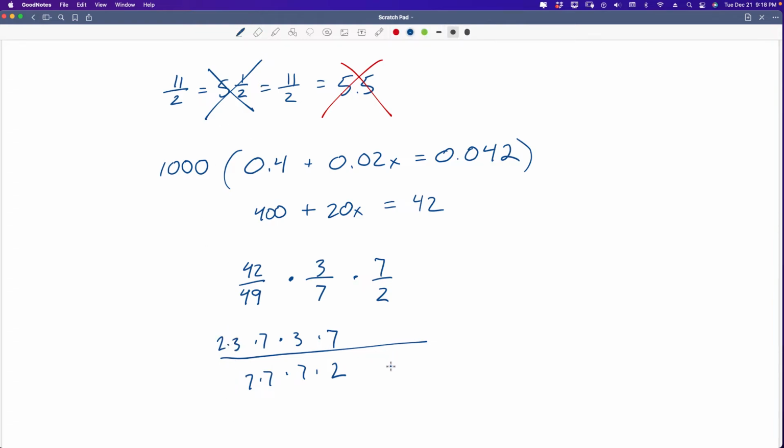So we can cancel. We can get rid of stuff. Here's a 7, we can get rid of that, and get rid of that. We can get rid of this, we can get rid of this. We can get rid of this one, and we can get rid of this one. And that leaves us with an answer of 9 over 7. Because 3 times 3 is on top and 7 is on the bottom.